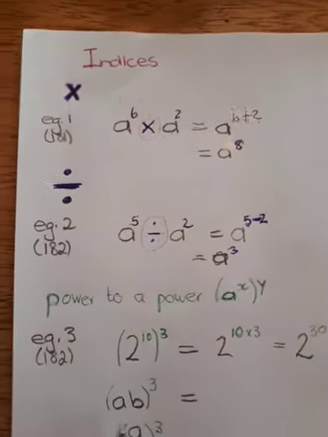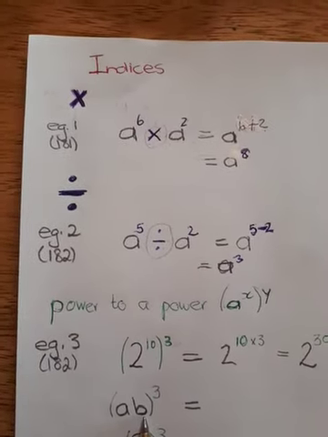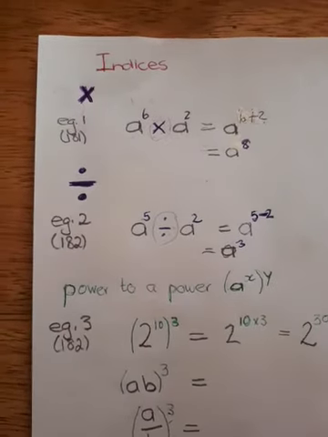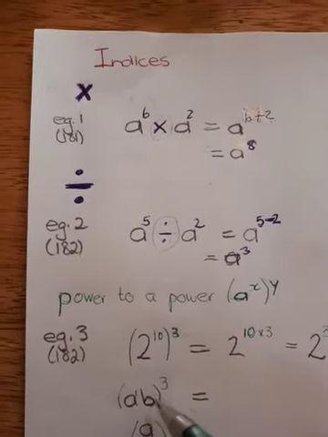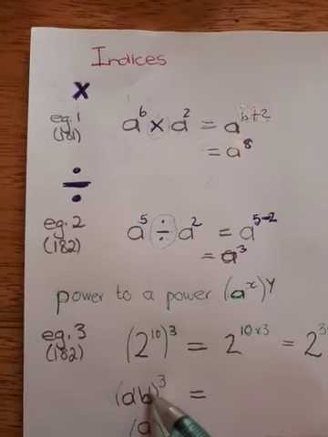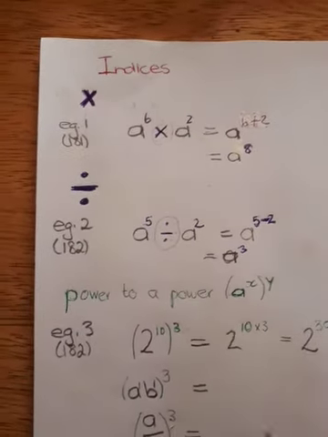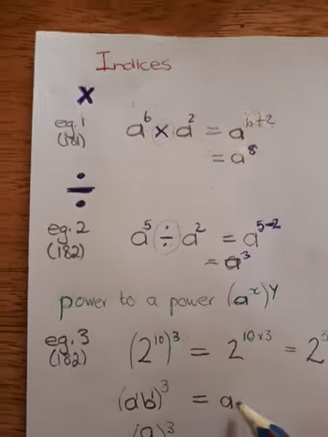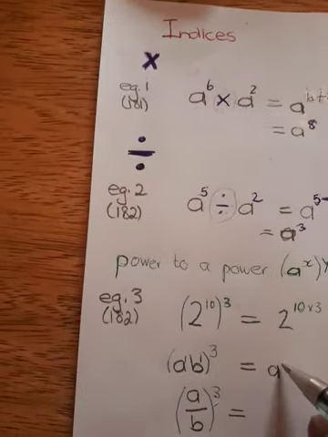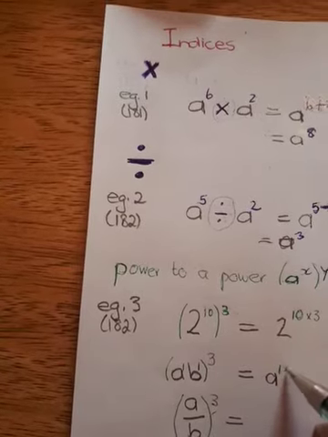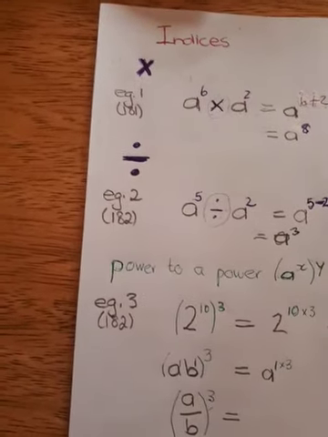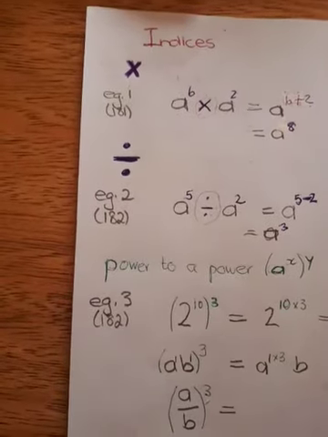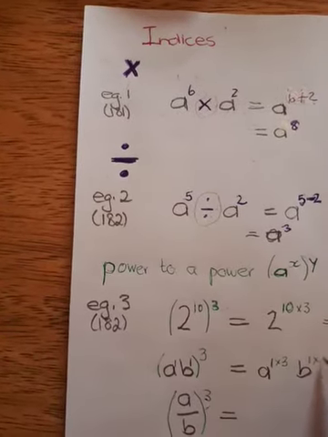Or if you look at the next example, AB in brackets to the power of 3, then don't forget that the power of A is 1 and the power of B is also 1. So that would then give me A to the power of a power is then A to the power of 1 times 3 times B to the power of 1 times 3.